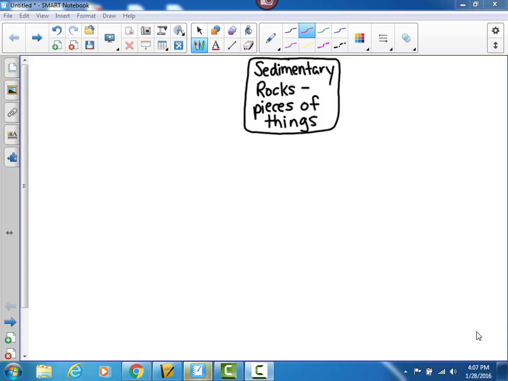The first type of sedimentary rock that we will talk about, and we'll label that this is a type here, is called clastic. Clastic sedimentary rocks are made of pieces of other rocks.